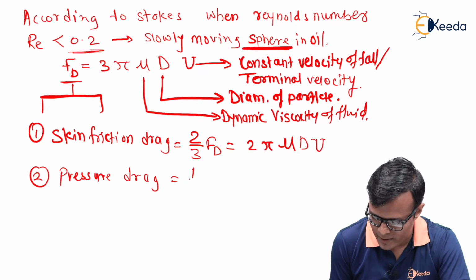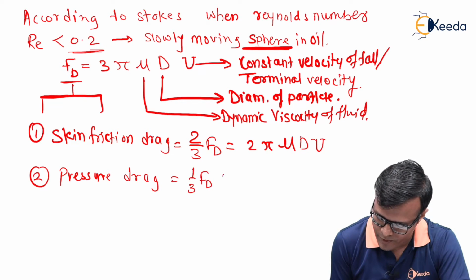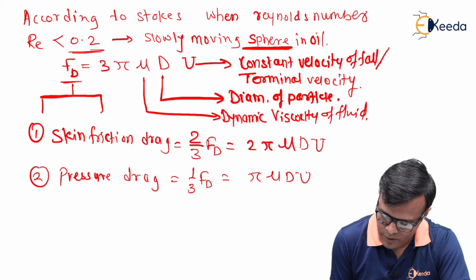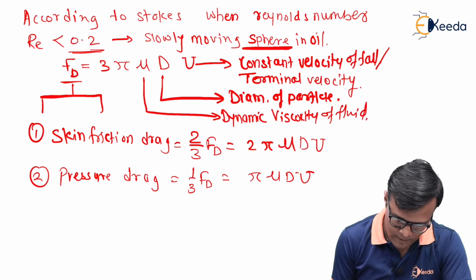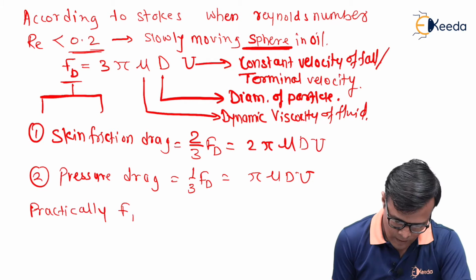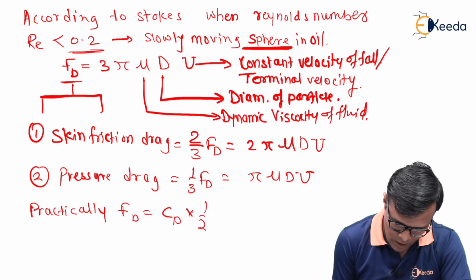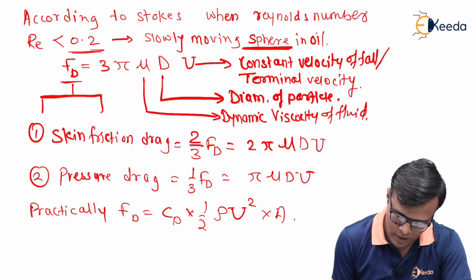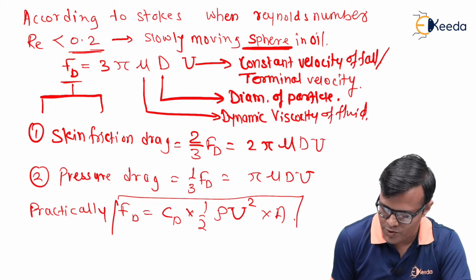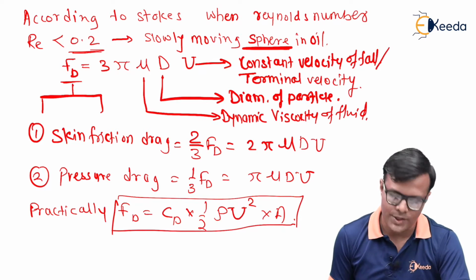This is the remaining part, that is 1/3 of Fd, that is pi mu d u. Practically, Fd is equal to Cd into 1/2 rho u square into A. This was the expression which was obtained by the calculations.